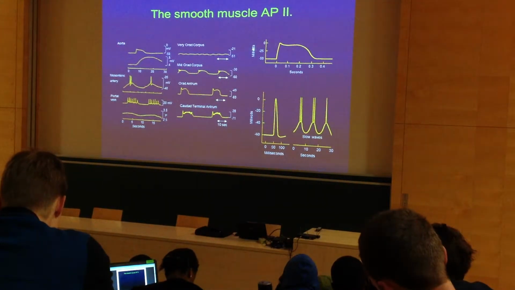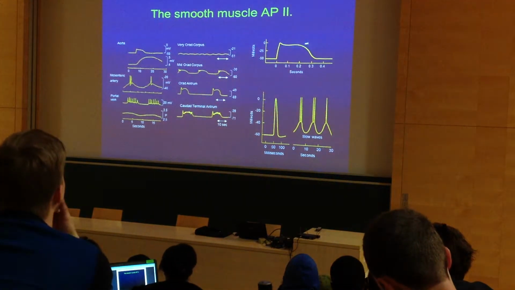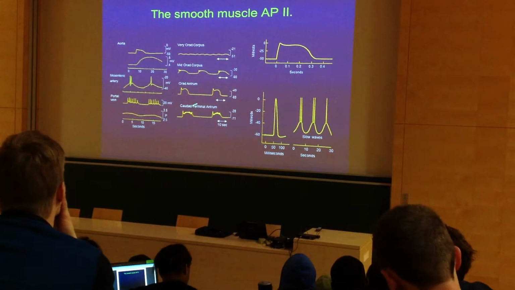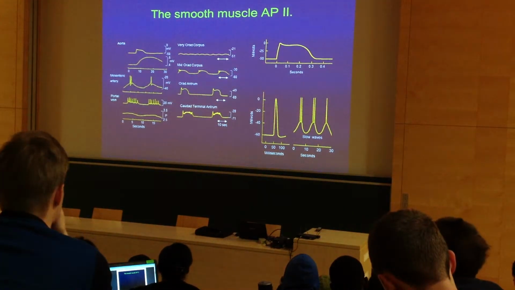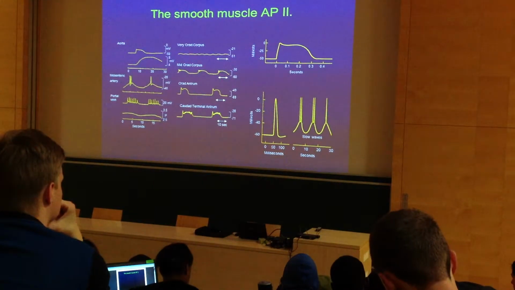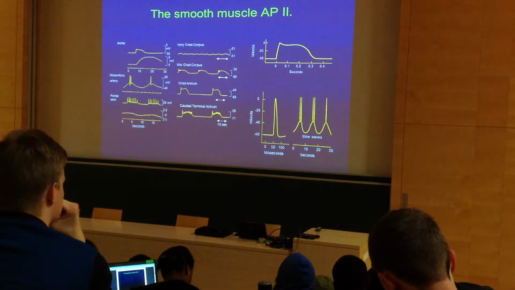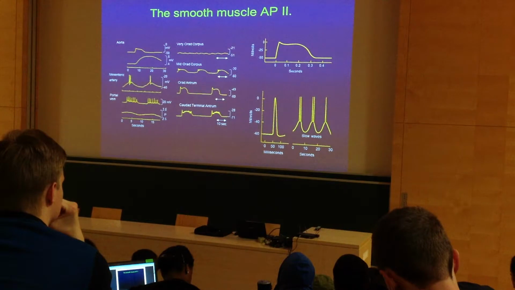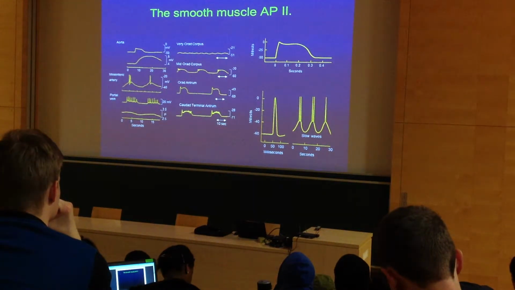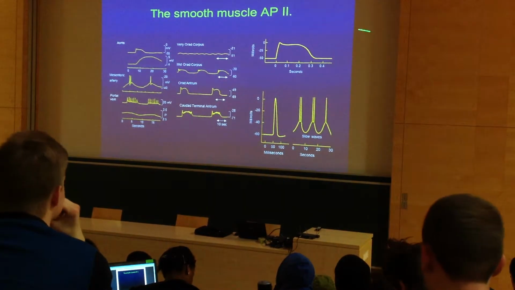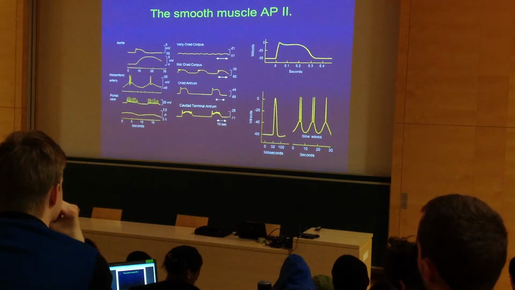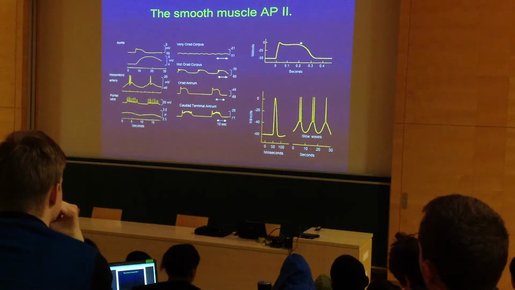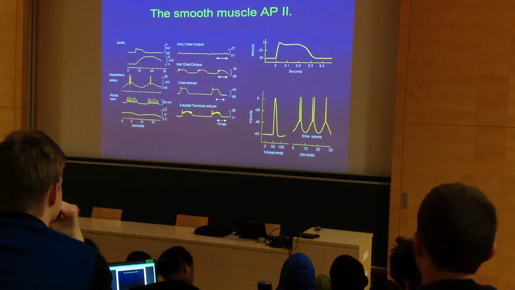Some action potentials have a plateau phase, like this one here, or that one there. Usually, for those cases where long contractions are needed, such as the stomach and the gallbladder to empty, and the plateau is the consequence of calcium ions entering the cell.